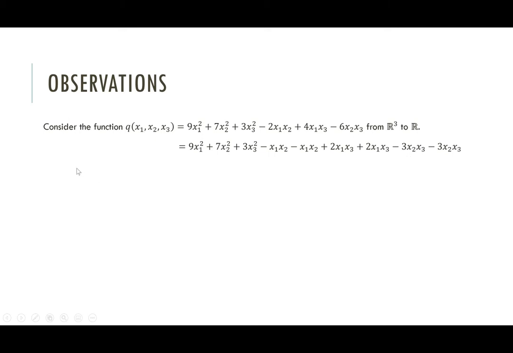All right, and then factor out an x1 from the 9x1 squared minus 1 x1 x2 plus 2 x1 x3. And similarly, you factor out an x2 from the appropriate three terms, and similarly for the x3. And now we're off to the races.